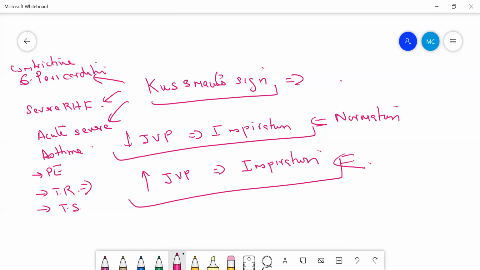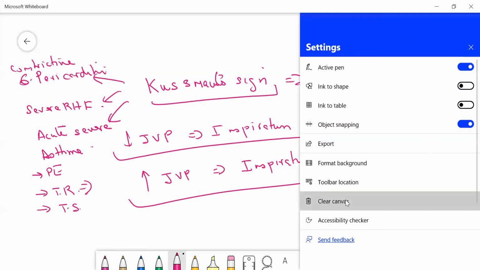In all these cases, there will be a rise in JVP with inspiration, and this sign is called Kussmaul's sign. This is mainly found in these situations. Okay, so this is all about your JVP. This is all for today's class.